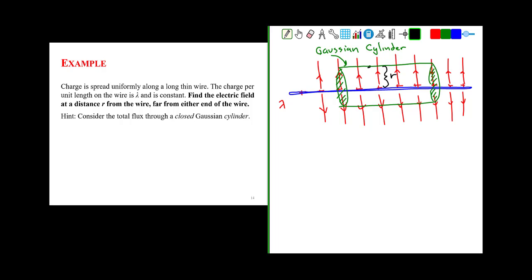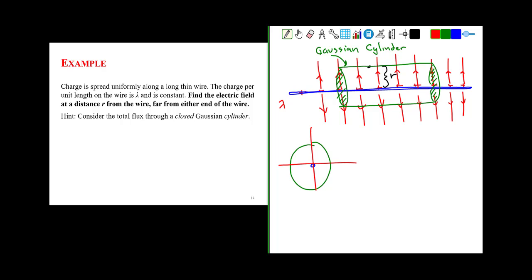Now you can see from this that this Gaussian cylinder is cylindrically symmetric with respect to the electric field, or we could say the electric field is cylindrically symmetric because the electric field looks the same everywhere on this Gaussian cylinder. If we take just another vantage point to better illustrate that, let's look at from one end of our line of charge.